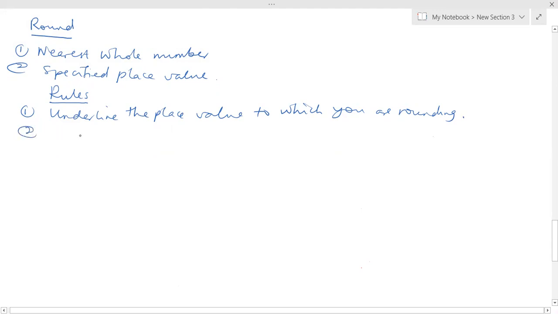Second, you have to examine the number immediately to the right of the underlined number.